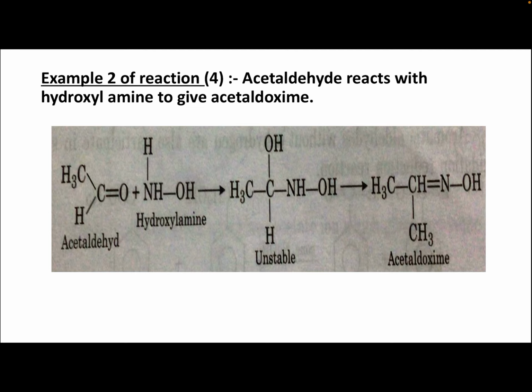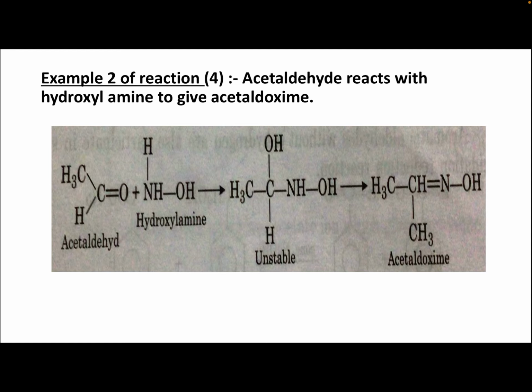Example 2 of reaction 4, acetaldehyde reacts with hydroxylamine to give acetaldoxime. So acetaldehyde is there, CH3 CH double bond O, plus hydroxylamine NH2OH gives first an unstable product which on removal of a water molecule gives a condensation product, that is acetaldoxime, CH3 CH double bond NOH.